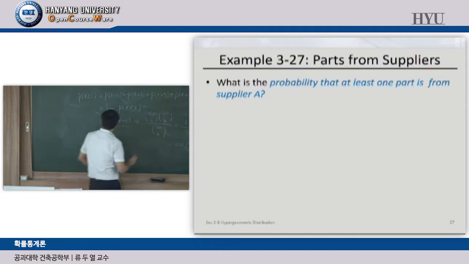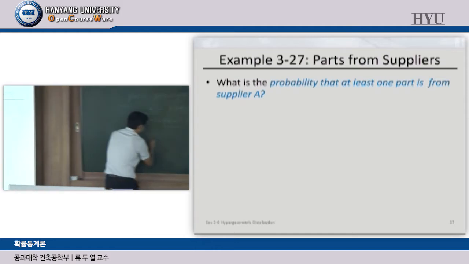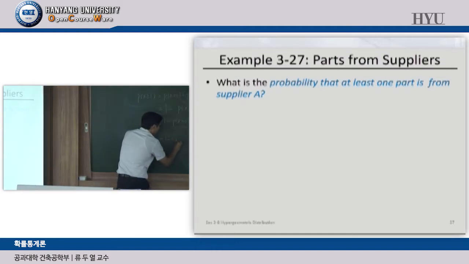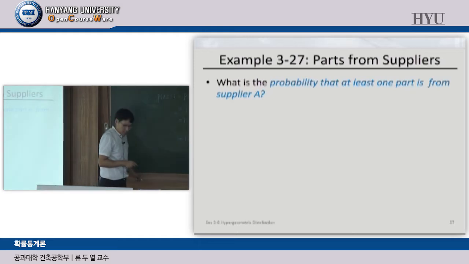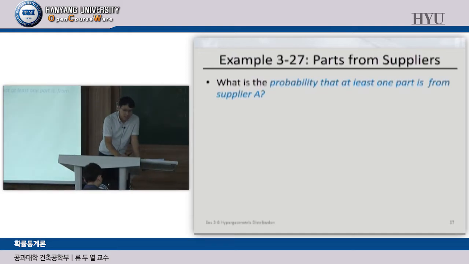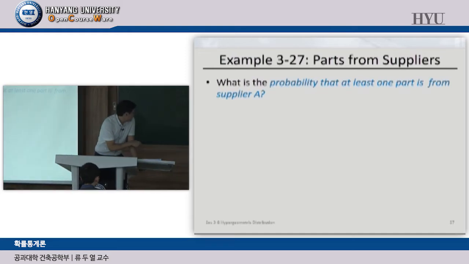Okay. So the final answer will be 1 minus 0.196. That is equal to 0.804. That is the answer for this question, okay?